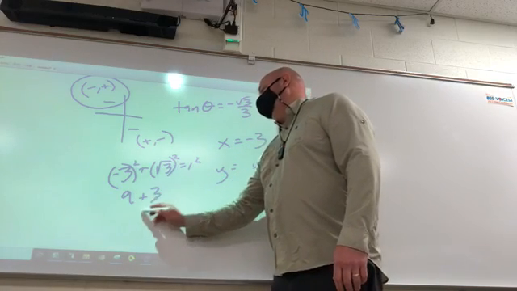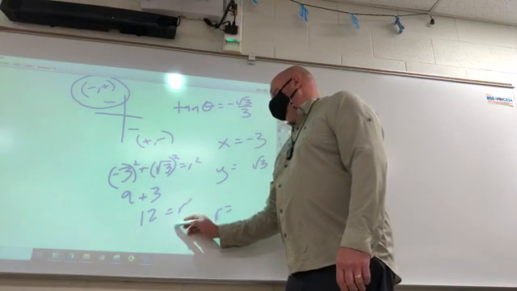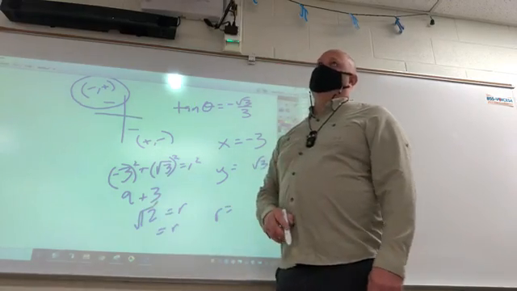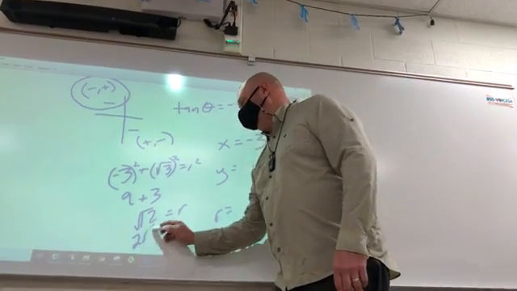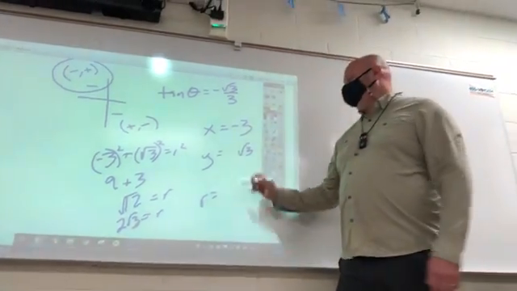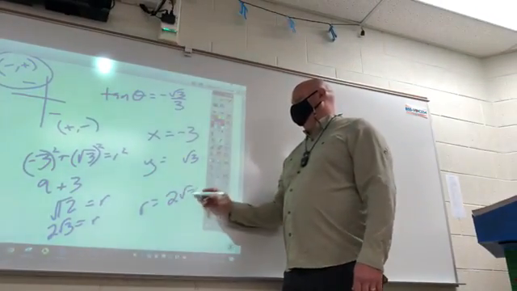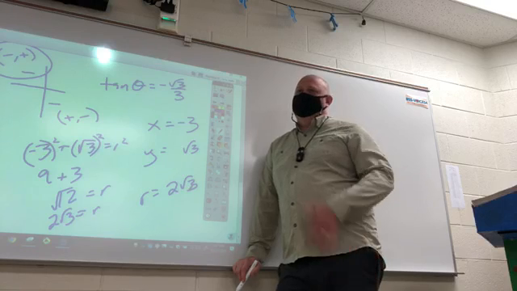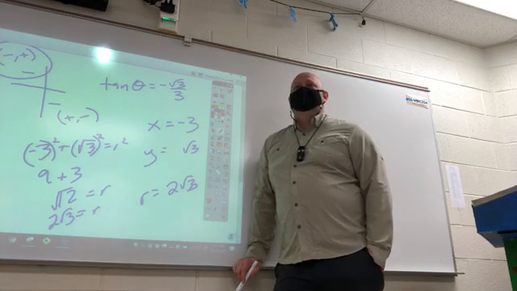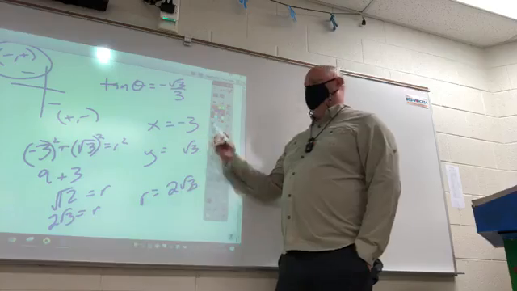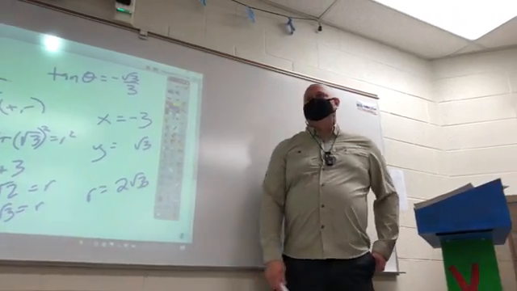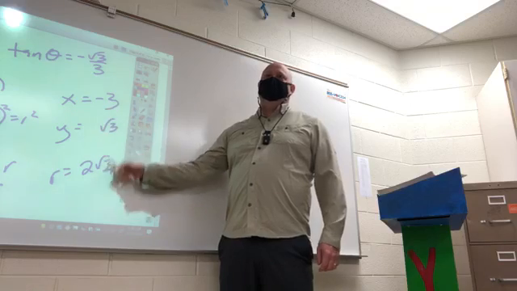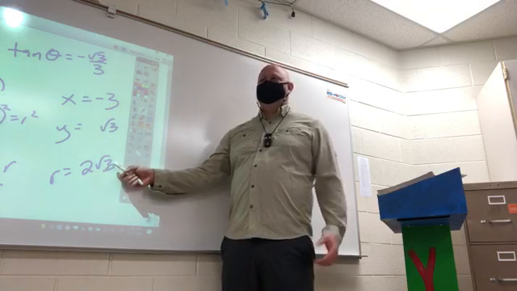So it'd be 9 plus 3 is 12, which r would simplify to, what, 2 root 3? And do I have to worry about plus or minus here? Nope, because r can't be negative. Make sense? And then it's just a matter of simplifying your fractions and radicals. And when you put like sine y over r, those square root of 3's are going to cancel, so you'll have like 1/2.